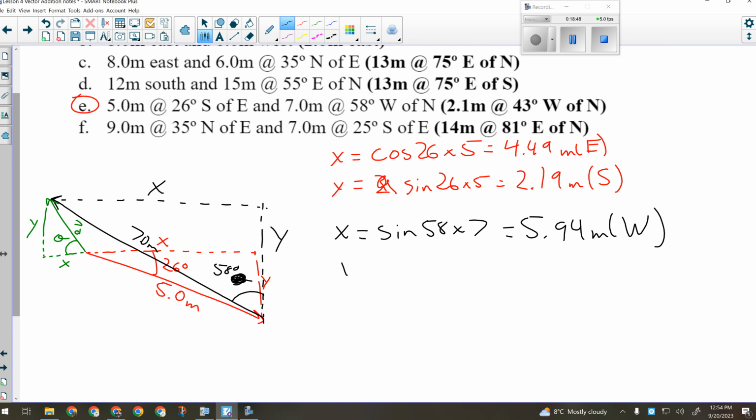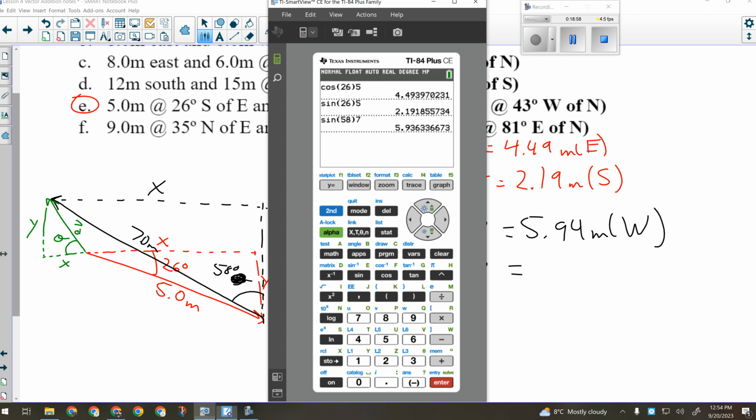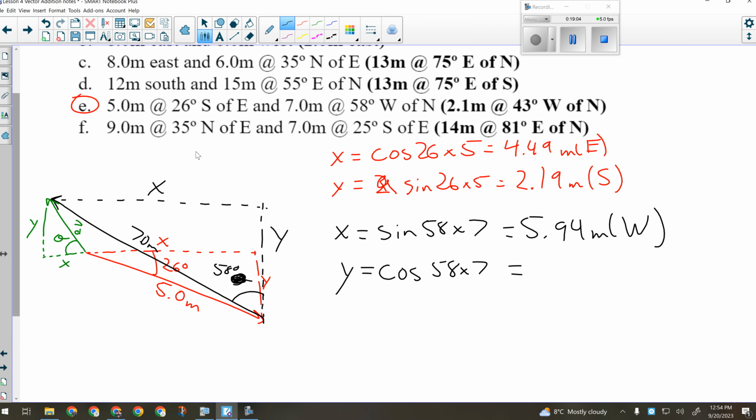And then I've got to calculate y. Y is adjacent to the 58-degree angle, so that'll be the cos of 58 times 7, so we're looking at 3.71 meters north.